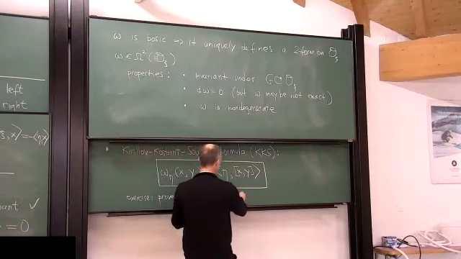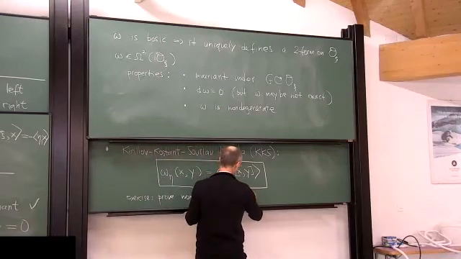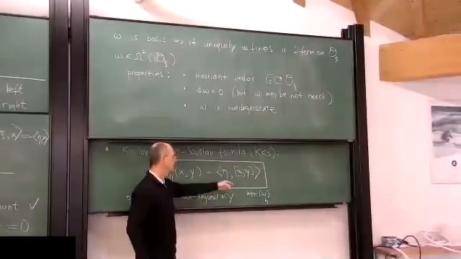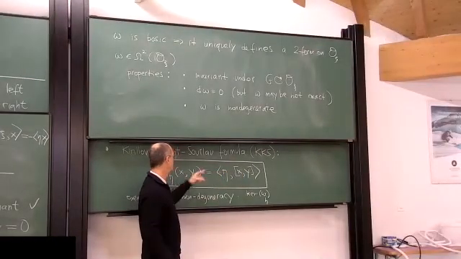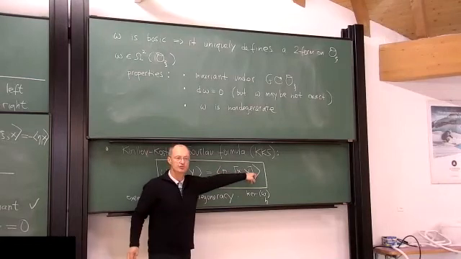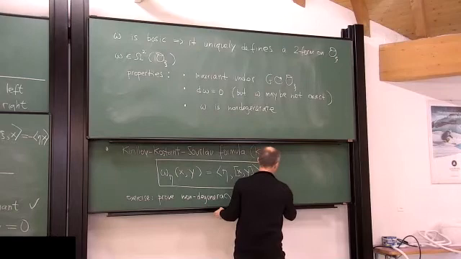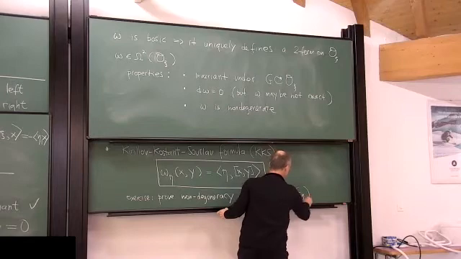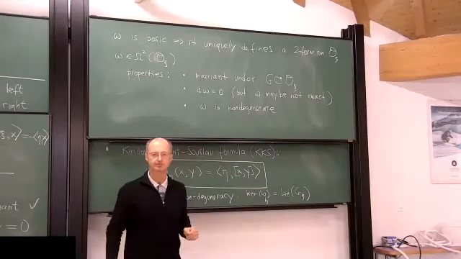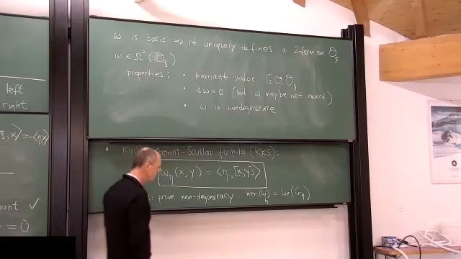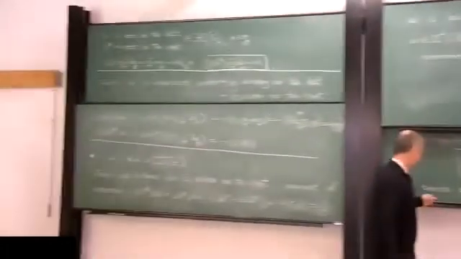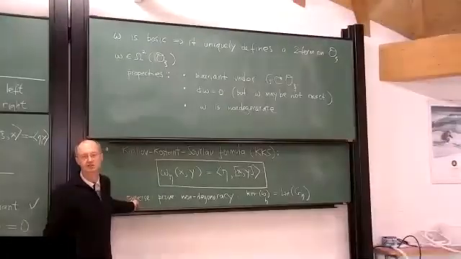To prove non-degeneracy, you need to show that the kernel of omega eta, which would mean all the x's for which the form vanishes for all y's, exactly coincides with the Lie algebra of the stabilizer group. That's relatively easy to see from this formula, and I suggest to leave it as an exercise.